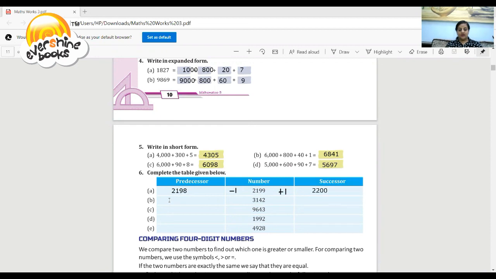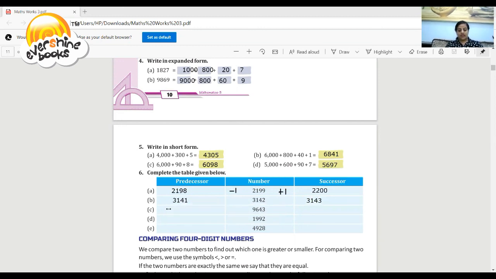Next is 3142 means 3142. 3141 will be the predecessor. And 3143 will be the successor of this number. Yes, next is 9643.